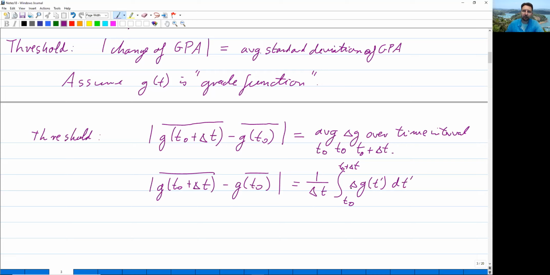And so we're integrating the delta g, and then we divide it by the overall time interval, and that gives us the average standard deviation. So that's the threshold here for statistical significance. If this is larger than the right-hand side, then we say, yeah, we see an improvement. It's better than chance. Now, let's move on to quantum mechanics.